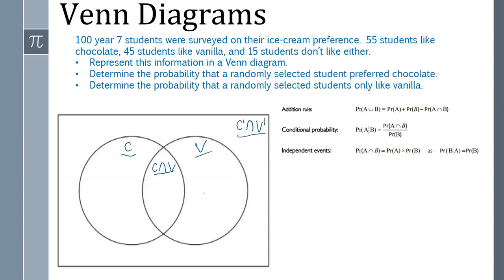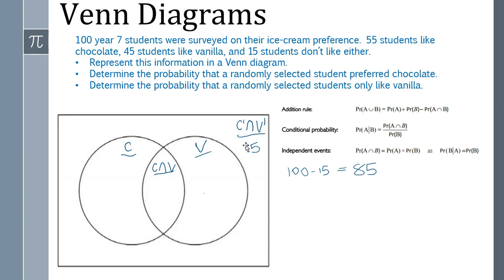The first thing that we need to do is put in the information that we have. So we know that 45 like vanilla, but we don't know how many of those also like chocolate. But we know that 15 don't like either of them. That's easy. So in our two circles, we have to put 100 take 15. We've got to get 85 into those two circles.